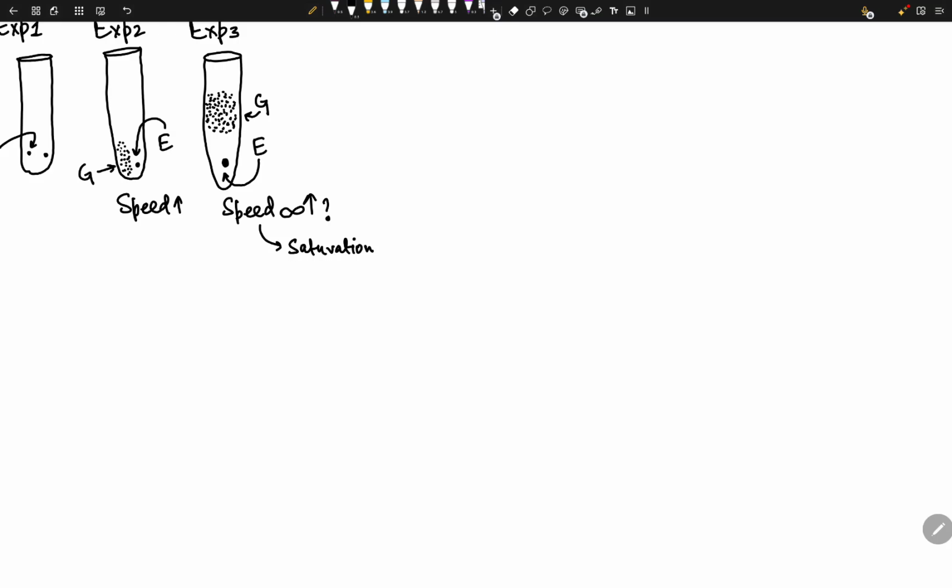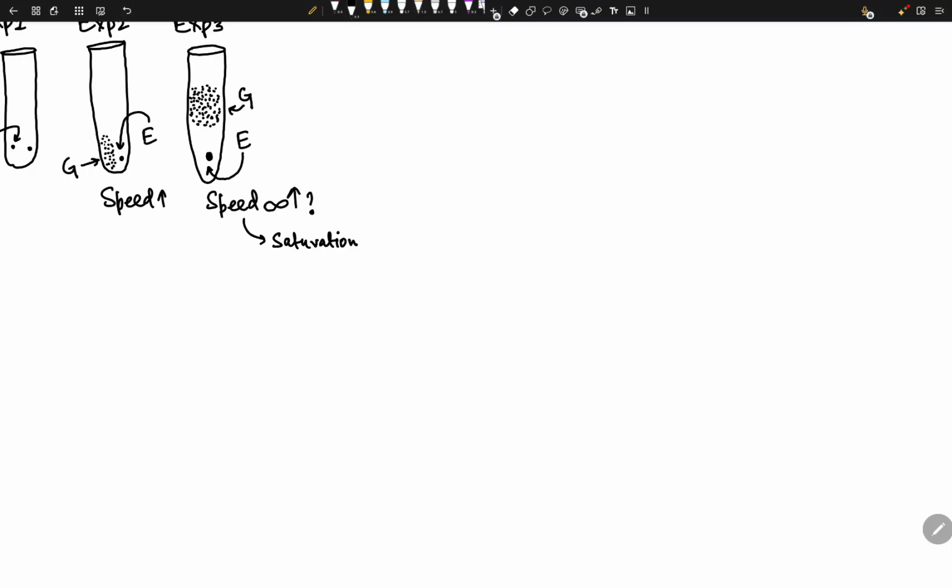Now, what is saturation? For example, one cashier can only accept one customer at a time. Now we have 100 customers. The cashier cannot suddenly become 100 times faster, right? Eventually, the cashier is going to work as fast as he or she physically can. That's the concept of saturation.